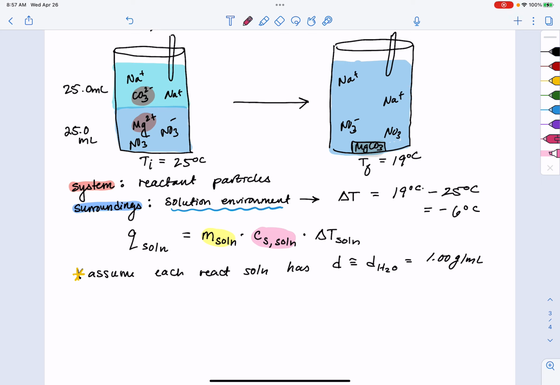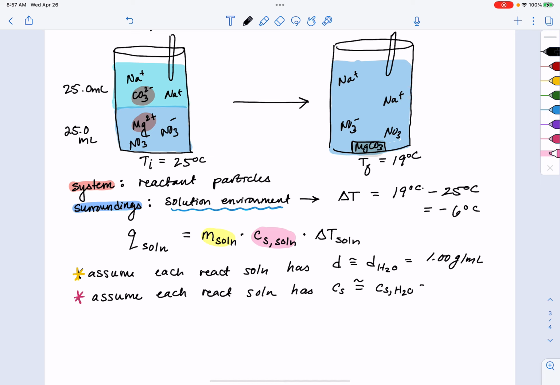So since we weren't given that, we're also going to assume, since this is an aqueous reaction, that each reactant solution has a specific heat capacity approximated to be equivalent to the specific heat capacity of water, which is 4.184 joules per gram degree Celsius.